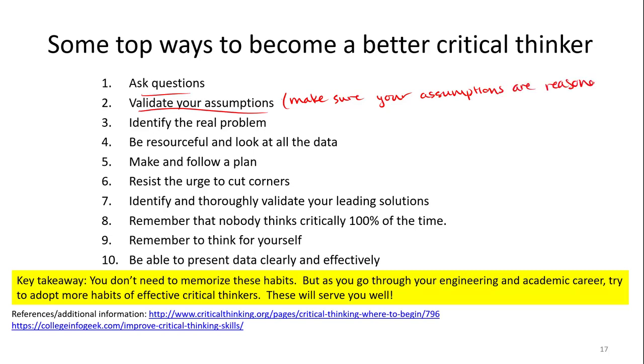There's that root cause analysis again. Be resourceful. Look at all the data. Make and follow a plan. Resist the urge to cut corners. Identify and thoroughly validate your leading solutions. Make sure they will solve your problem.